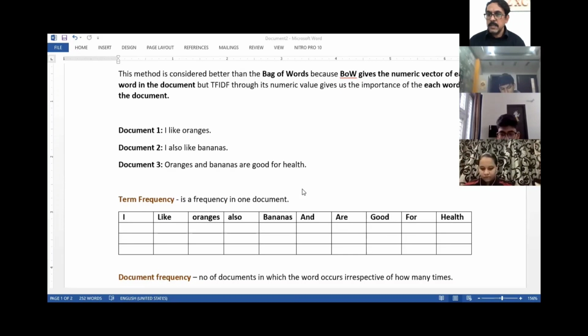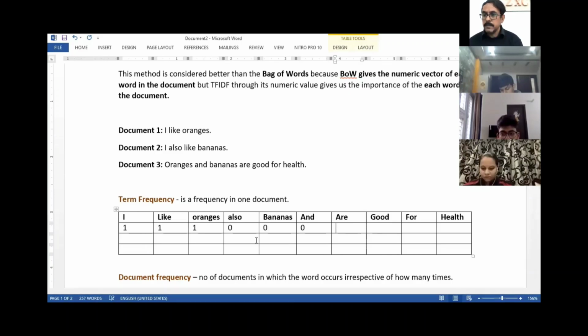Once this table is done, what is the meaning of term frequency? The term frequency is the frequency in one document. Let's say "I like oranges." So "I" appears one time, "like" is also one time, "oranges" is one time, correct? The rest that remains, you simply give 0.